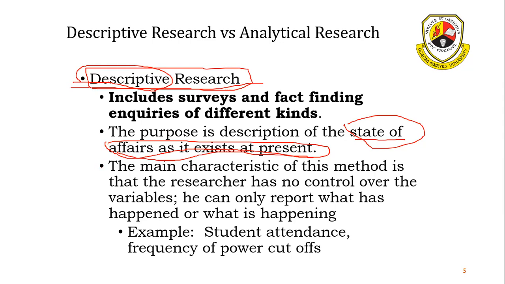So that is typically descriptive research. Here, the researcher has no control over the variables. So whatever the researcher finds is what he or she reports on. We shall see different kinds of research where we are picking only particular data.